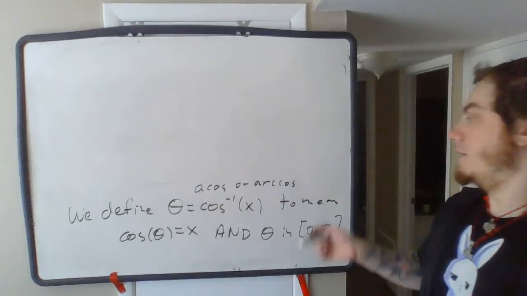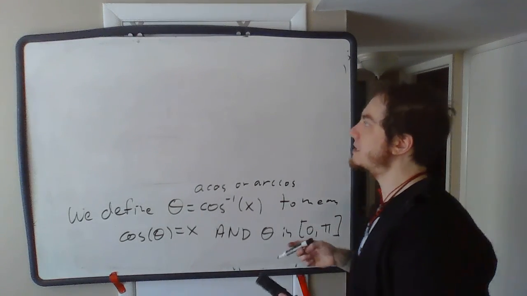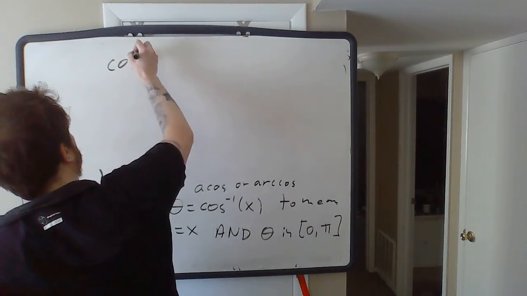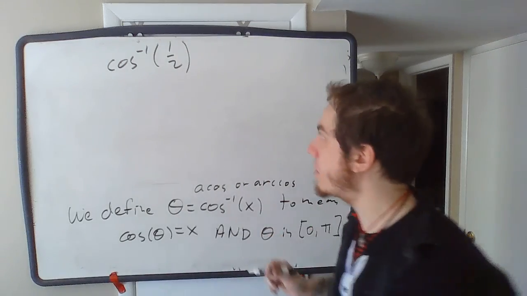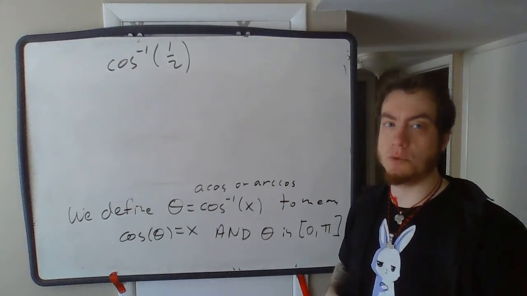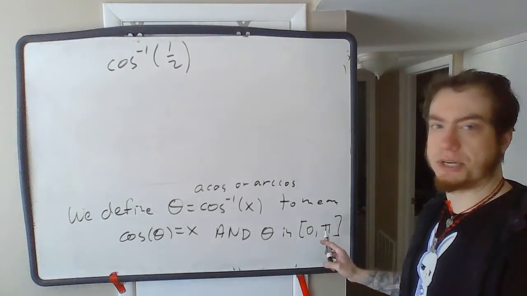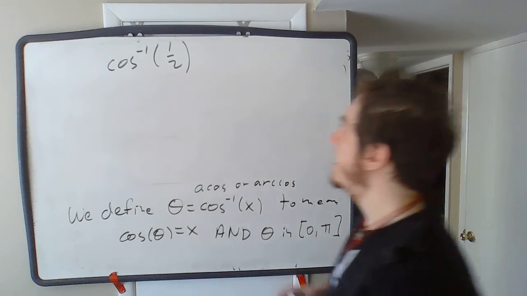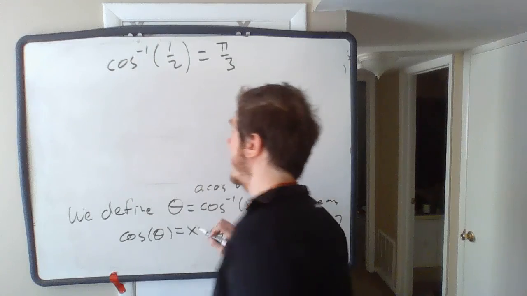Now, just like with sine, there are some fairly straightforward kinds of questions we could ask. Like, for example, what is cosine inverse of 1/2? Well, this is an angle whose cosine is 1/2, and it has to be in this interval from 0 to pi. You think about that for a minute, and you realize, oh yeah, this is going to be equal to an angle of pi over 3.